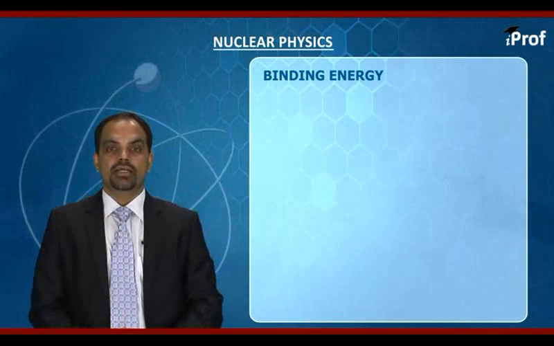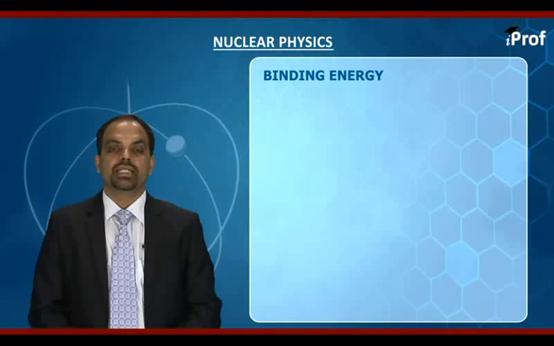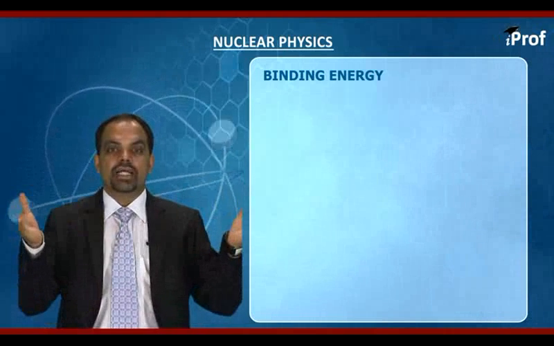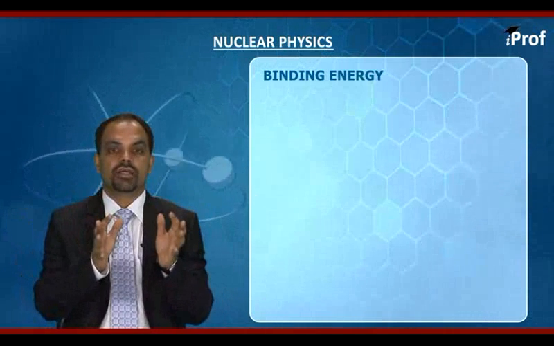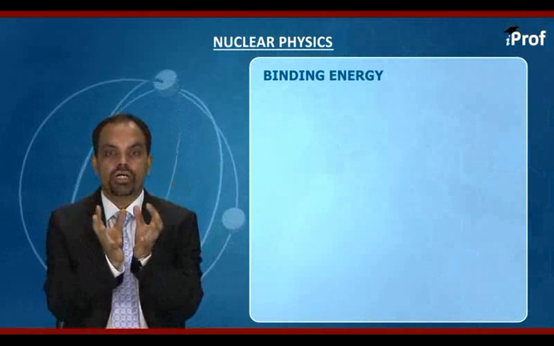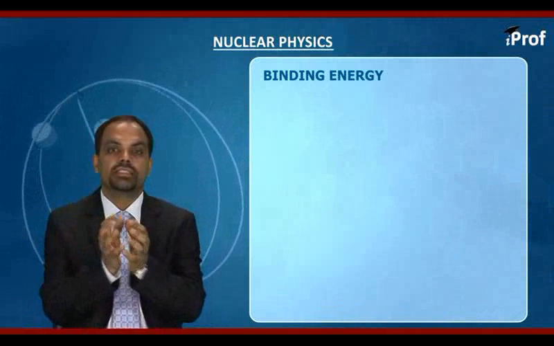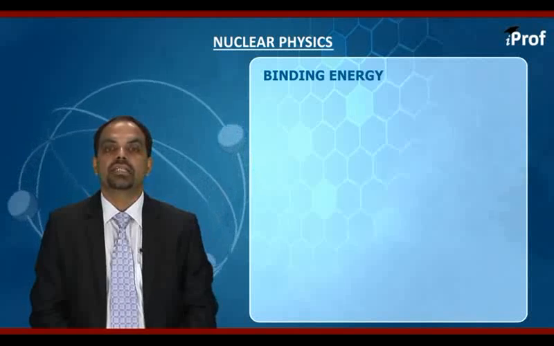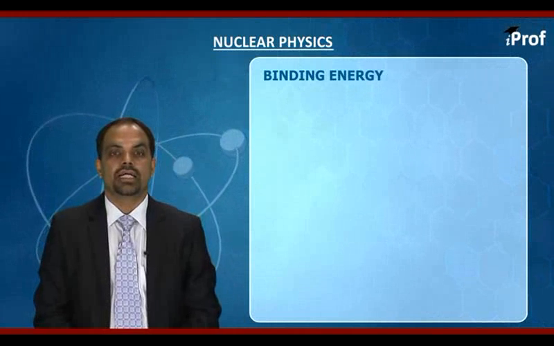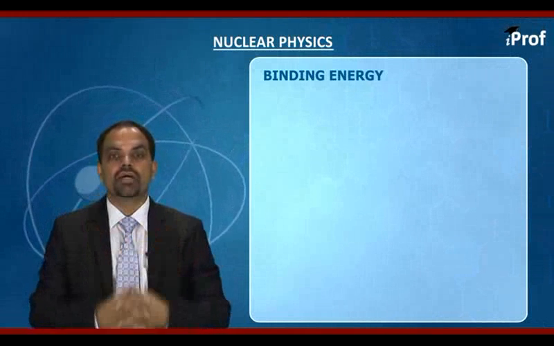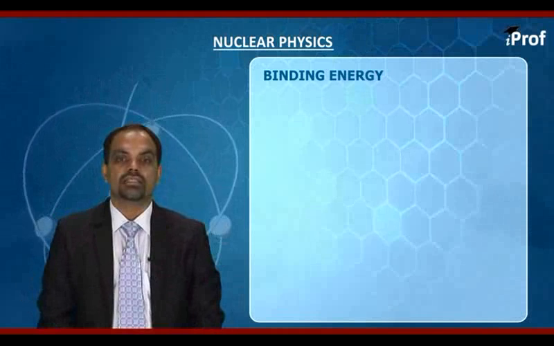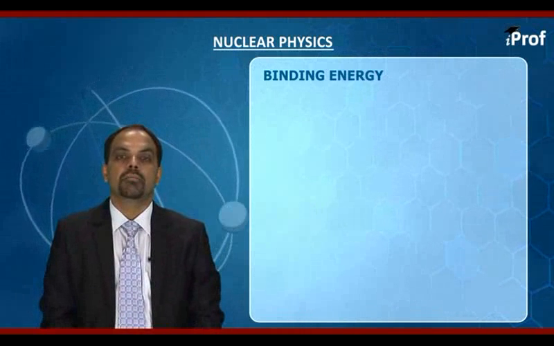Now if we consider a very simple situation, where we have nucleons, neutron and proton, at infinite separation initially, and these neutrons and protons come into a configuration and form a nucleus, we find that in this process energy is released, and this energy release will be the binding energy.